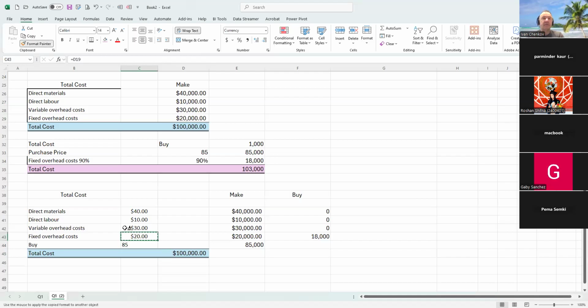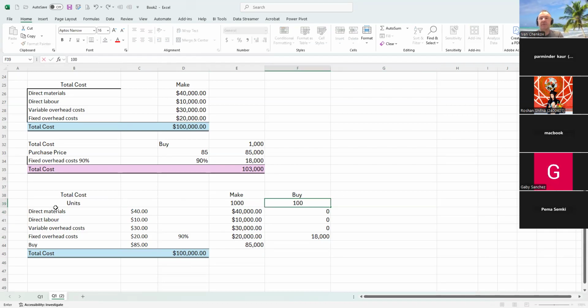Let's make it the same format as the other one. And for the fixed cost, 90% stays with me. That gives me more comfort, and the number of units is 1,000 here, and 1,000 units here as well.